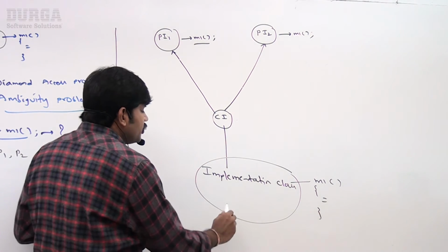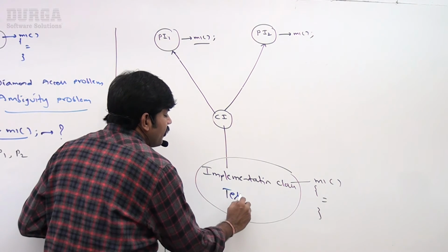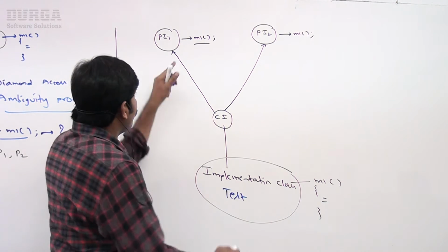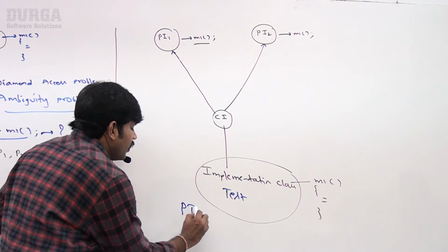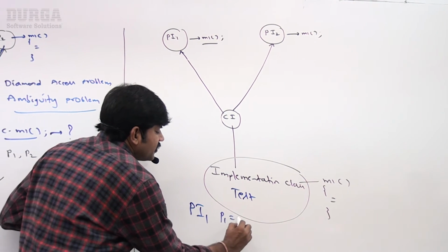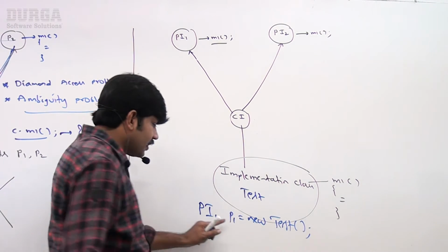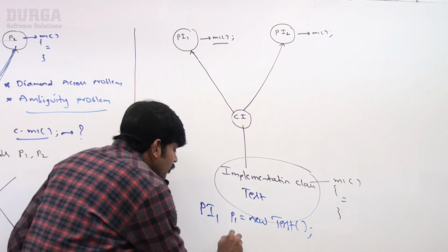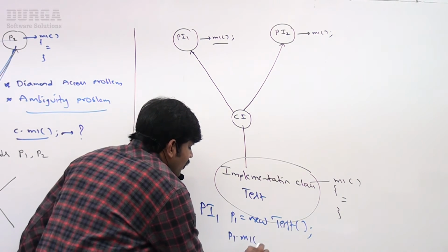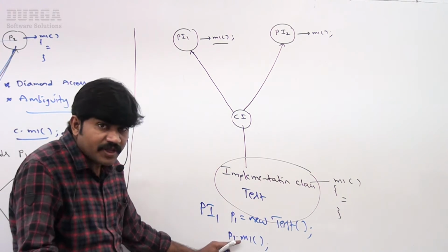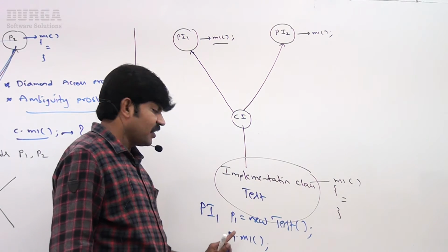Assume that the implementation class is the Test class. Now, Parent1 P1 is equal to new Test. P1.M1, which method is going to come? This implementation method only.